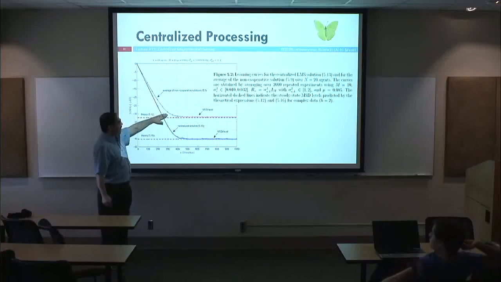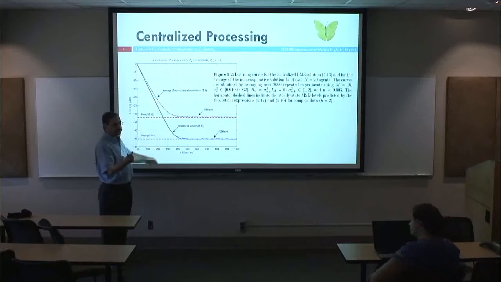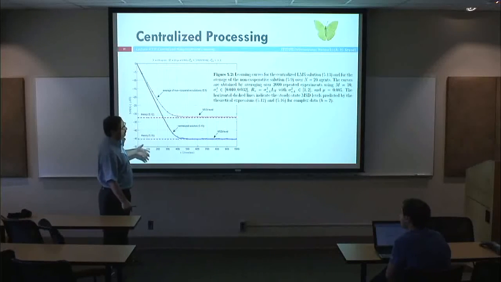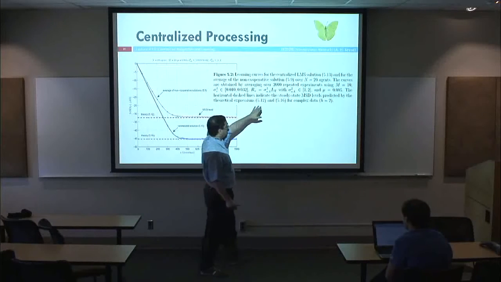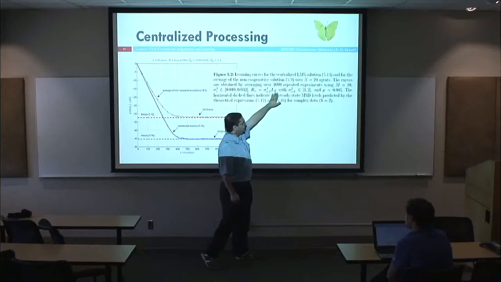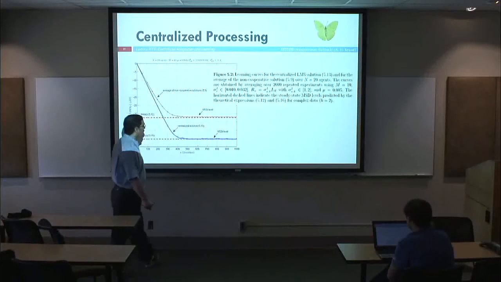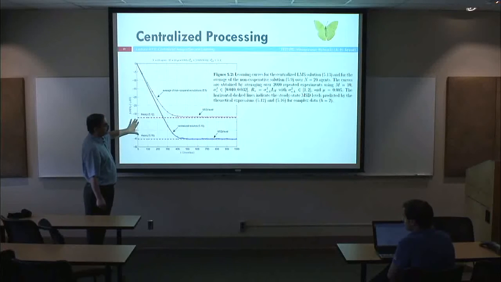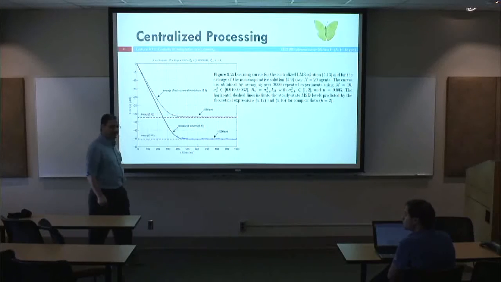The red curve is simulating one non-cooperative agent, and the blue curve is simulating the centralized solution, averaging, of course, over multiple experiments. In this particular case, it says here 2,000 experiments, and it tells you what values of noise power, RU, and so forth I'm using. You can see there this improvement in performance, in this particular case, n is 20. So 10 log 20 in dB will give you this difference here.